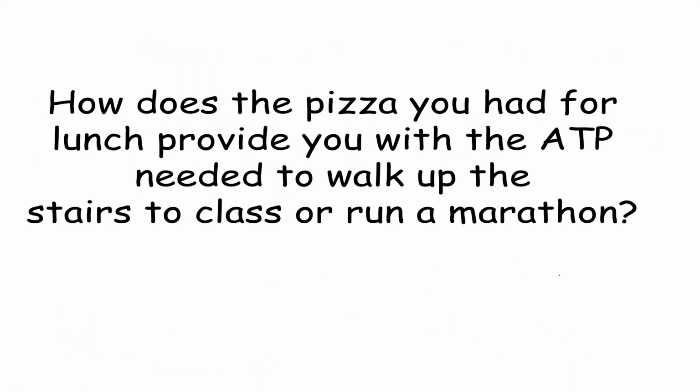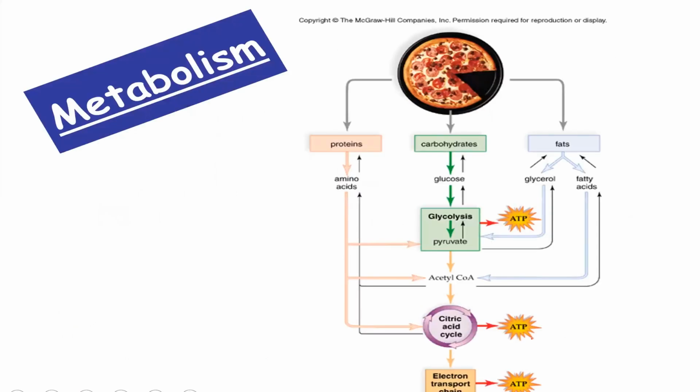So a question that we need to ask ourselves is, how does the pizza you had for lunch provide you with the ATP needed to walk up the stairs to class or run a marathon? Well, this occurs through metabolism. When you eat, the food that you are eating gets broken down. So we have proteins, carbs, fats.